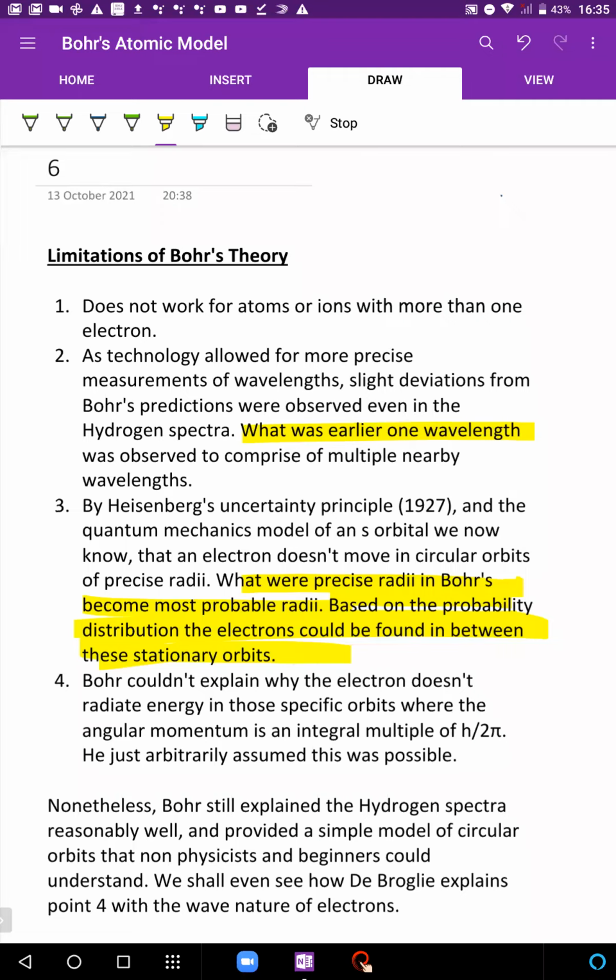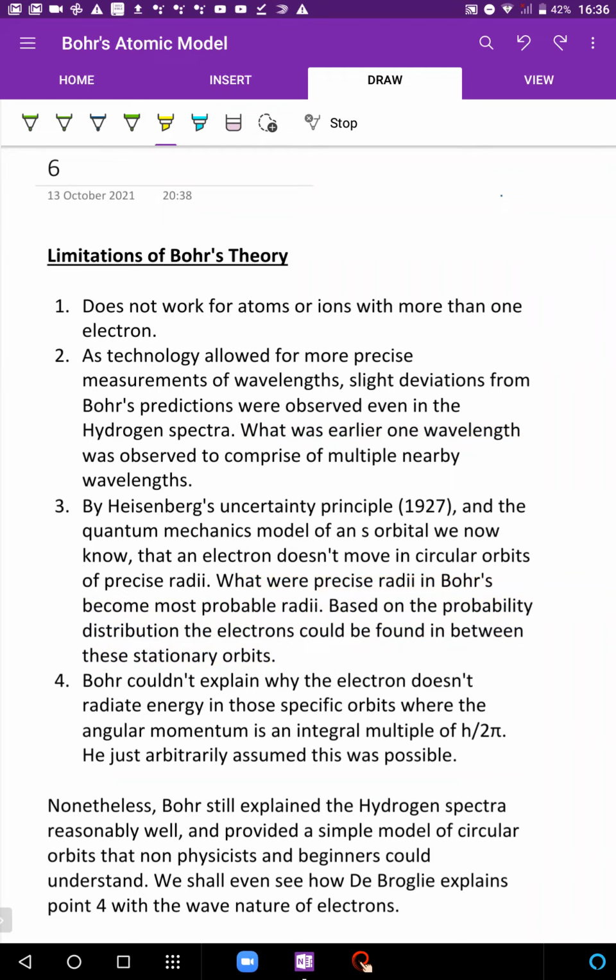It could be found a little inside the orbit, a little outside the orbit as well, based on the probability distribution. It will be quite close to the orbit, which is why he was experimentally able to justify those lines being there. Okay, and the value of the radii he got can be justified by quantum mechanics as well.